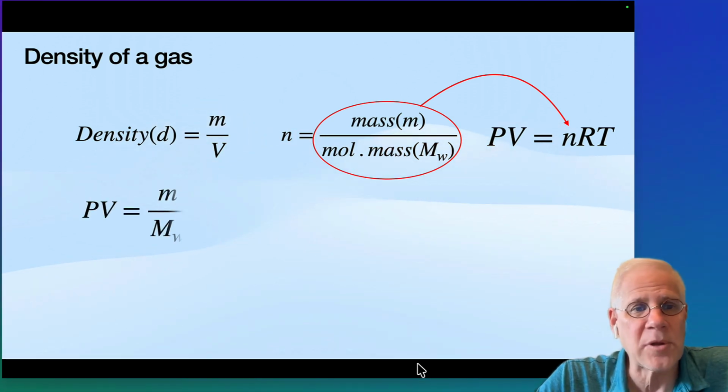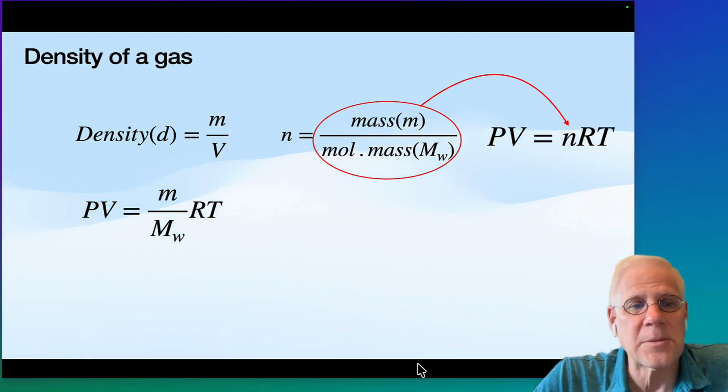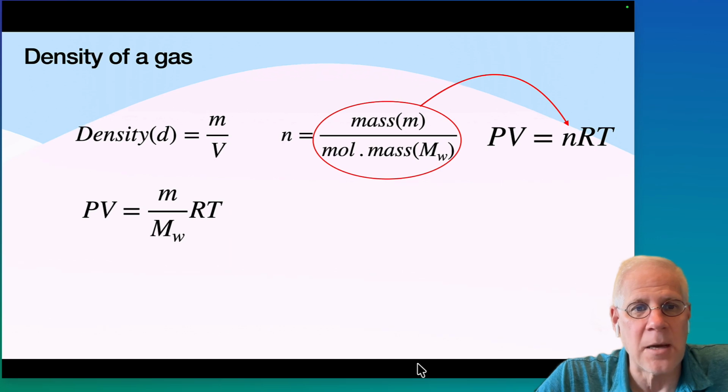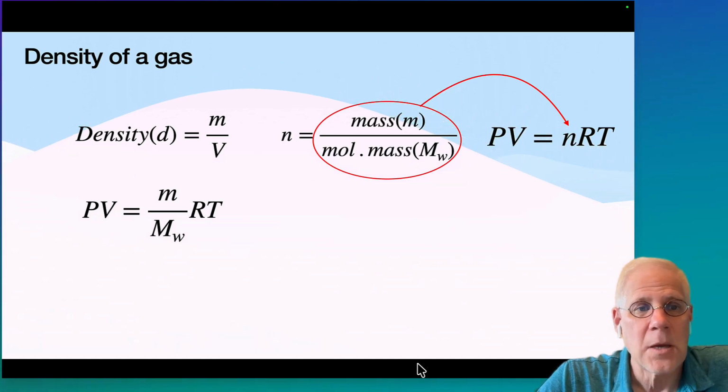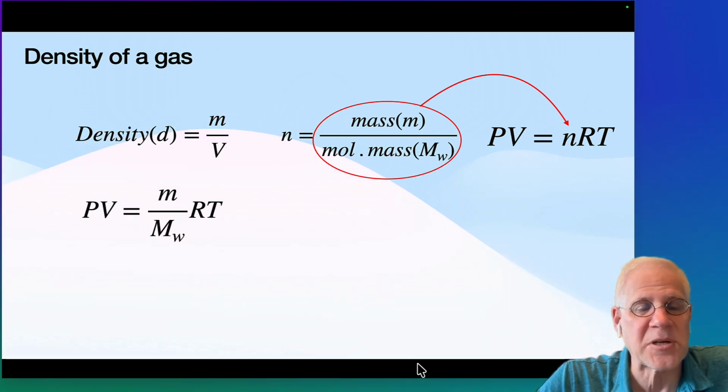And what we end up with is an equation here. So P times V is equal to m over molar mass times RT. Well, notice now in our ideal gas law that we have the term m for mass and we've got the term V for volume. And so we have the two variables needed in order to express density.